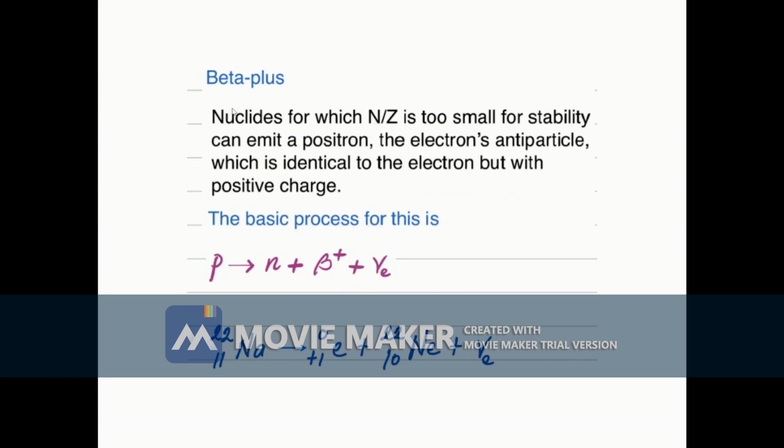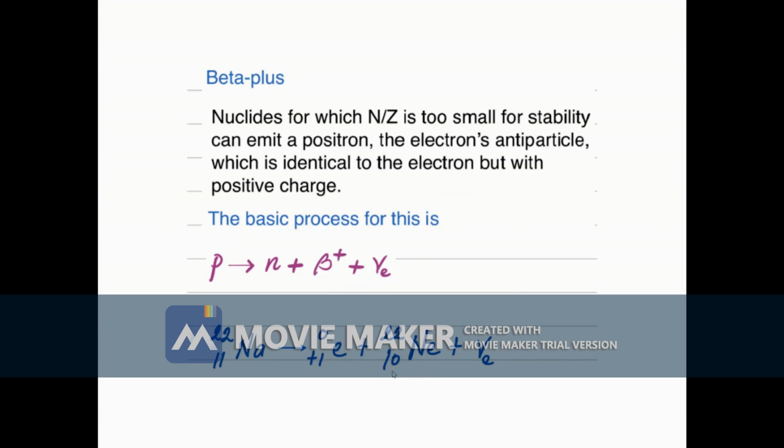So here is an example of another type of beta decay. It's beta plus. On the contrary to beta minus, it emits a positron, which is a beta plus particle.